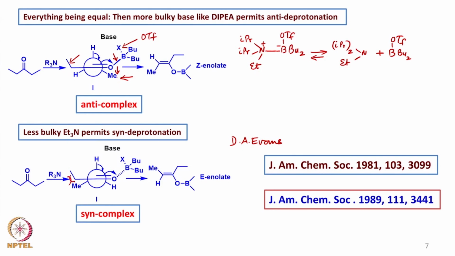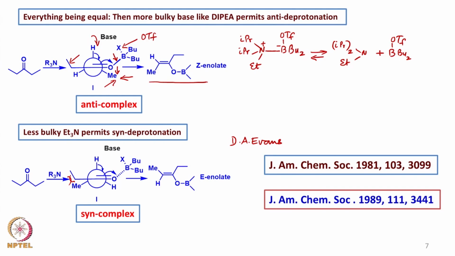But if it remains in the same position here as a methyl group, then since there is an equilibrium between the two of them, the boron gets attached to the oxygen, but away from the side of the methyl group, and now the large base, which is Hunig's base, goes and deprotonates the hydrogen from there, which then leads to the formation of the Z enolate.